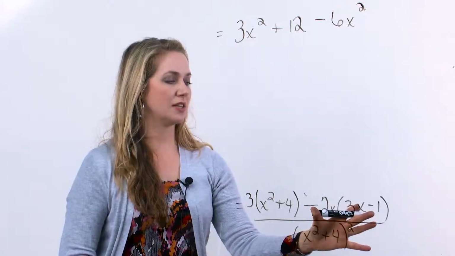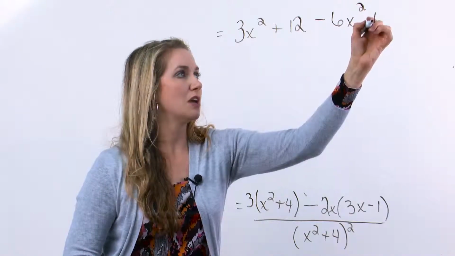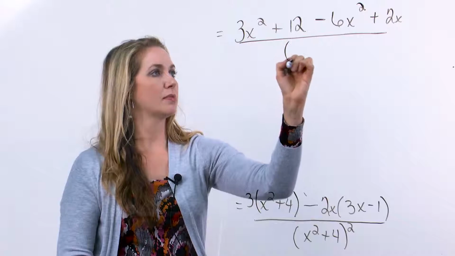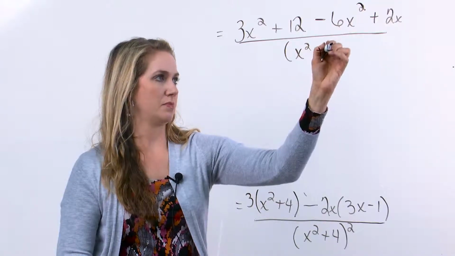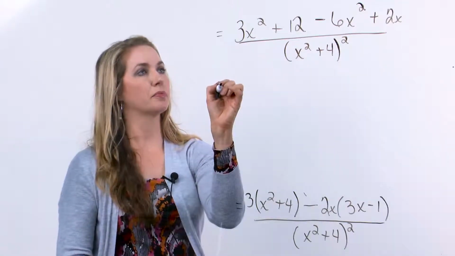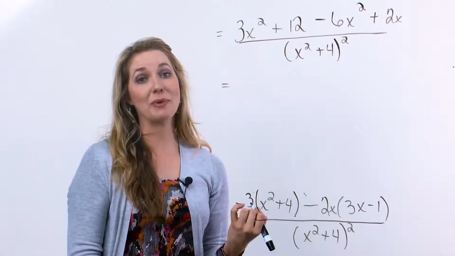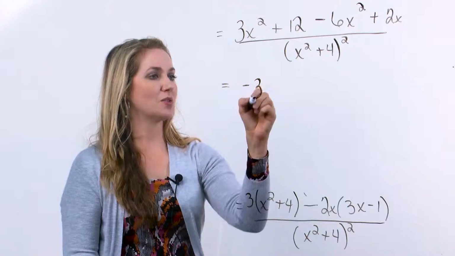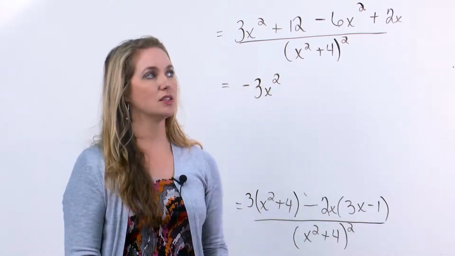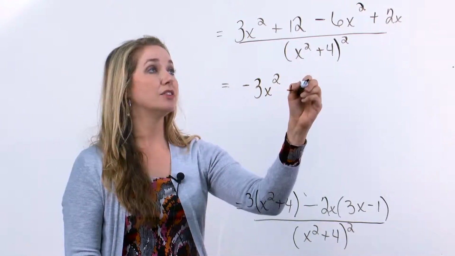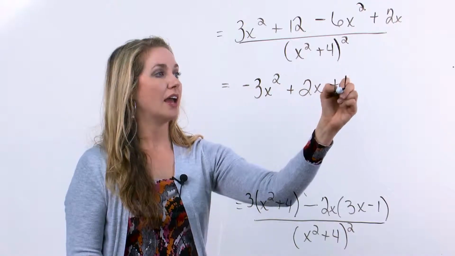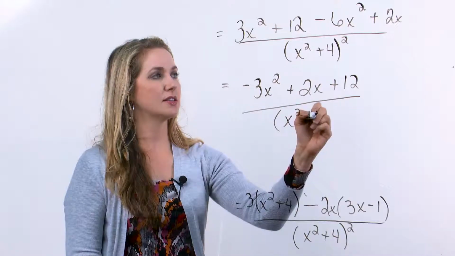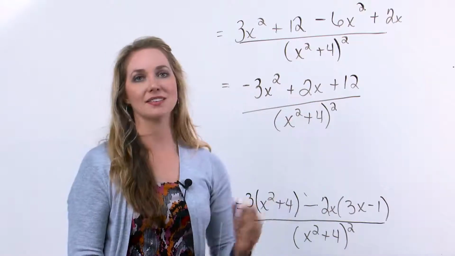And then a minus 2x times the minus 1 gives me a plus 2x. And then I'm going to combine like terms. So the 3x squared and the minus 6x squared gives me a minus 3x squared. I have a 2x and a 12, all divided by x squared plus 4 squared.